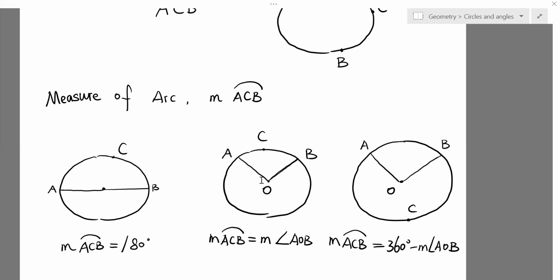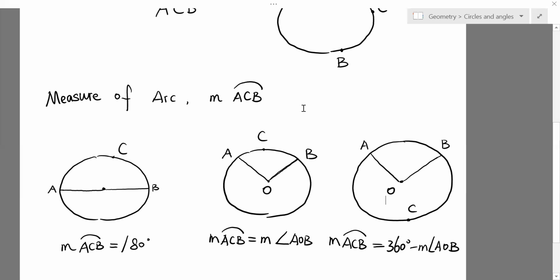Specifically, when we're looking at a minor arc, the measure of the arc is defined as the measure of the central angle with A and B as the endpoints of the arc, and O as the vertex of the angle.